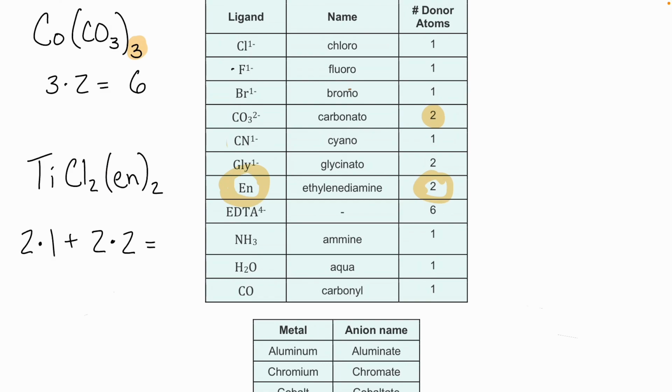All right, so this gives me a total of 6, a coordination number of 6 for this compound as well. Again, 2 chlorines times that 1 donor site on my chlorine plus my 2 ENs times the number of donor sites on those ENs.